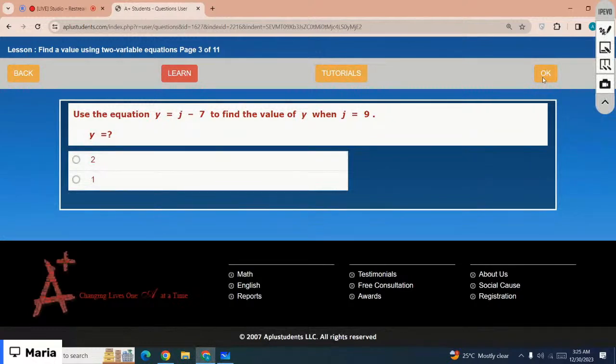Use the equation y equals j minus 7 to find the value of y when j equals 9. So you are given the variable j equals 9, right? You have to calculate the value of y. So just replace the j with the value.